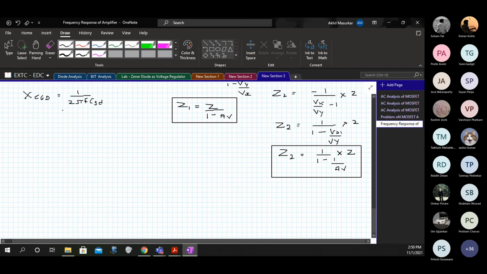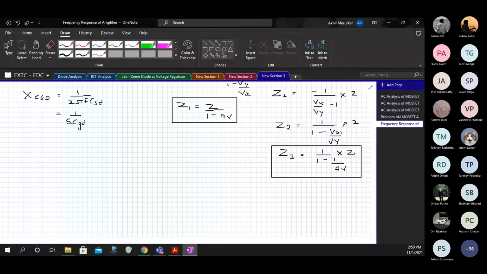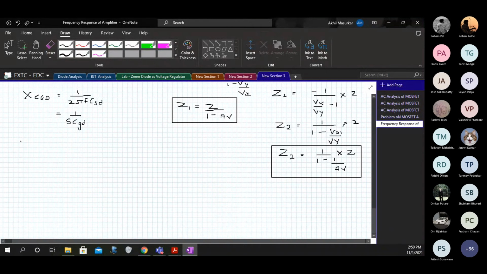Now this 2 pi f, for the time being I'll write it as 1 upon S times of CGD. As you write in your network theory, the impedance offered by a capacitor is 1 upon S times of C, and here in this case C is CGD.